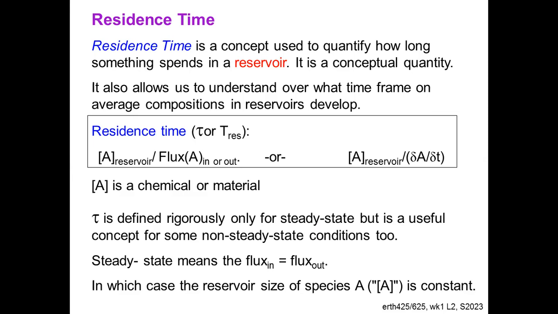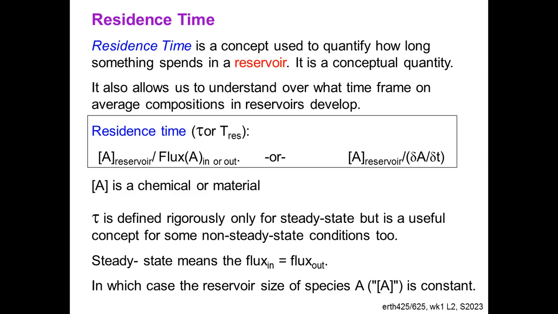to have a steady state condition where the flux of something into the reservoir and out are equal, meaning the reservoir isn't changing size. In those conditions, residence time, which is sometimes written as the Greek letter tau, or sometimes the capital letter T with a subscript res, those are two common ways to write it, is calculated as the reservoir size, which I've shown here as A in brackets.